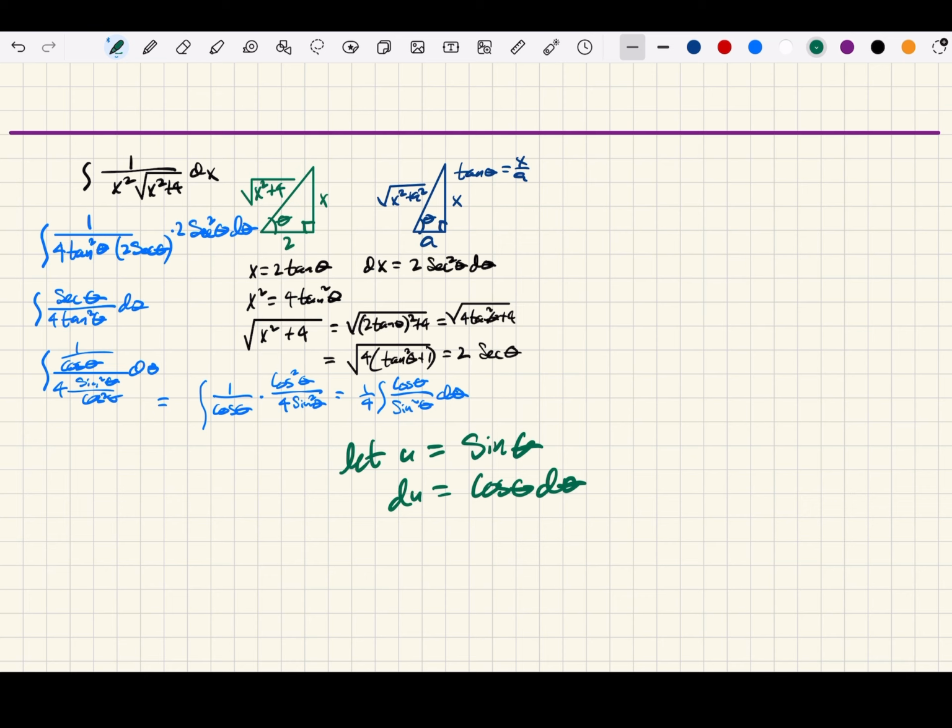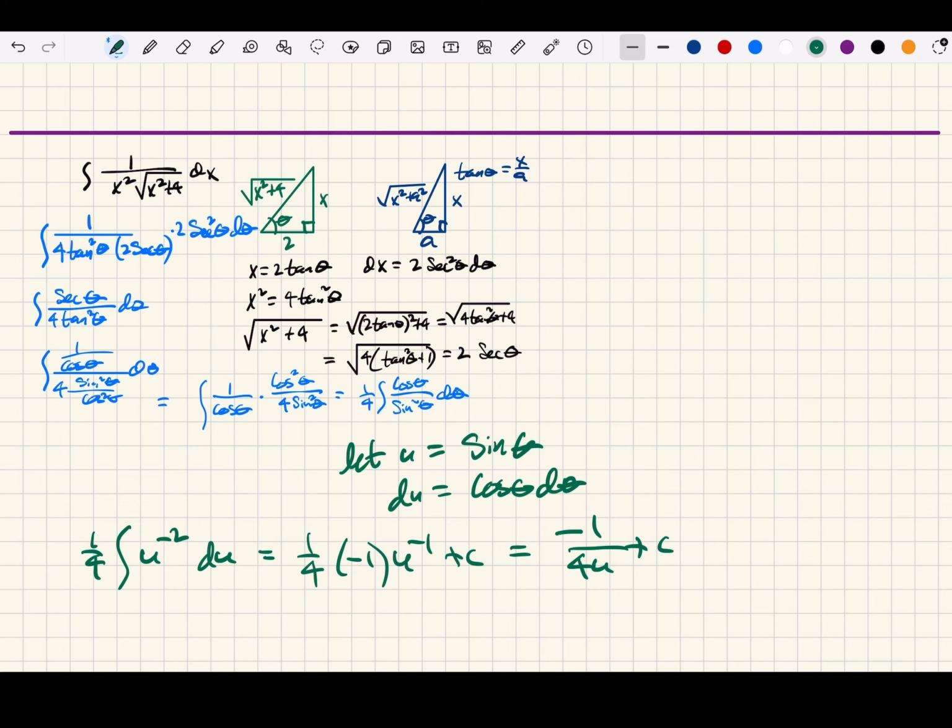So what do we have here? We have 1/4 integral u to the minus 2 du, right? And that's going to be 1/4 times -1 u to the -1 plus c. So we have -1 over 4u, I think.